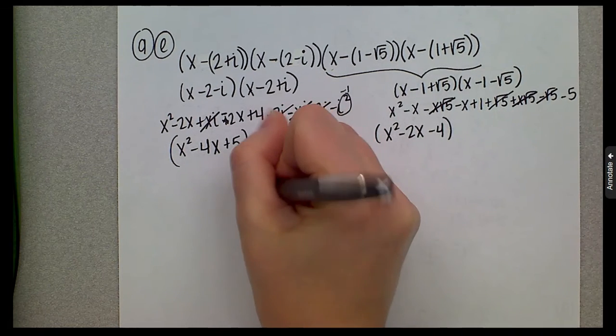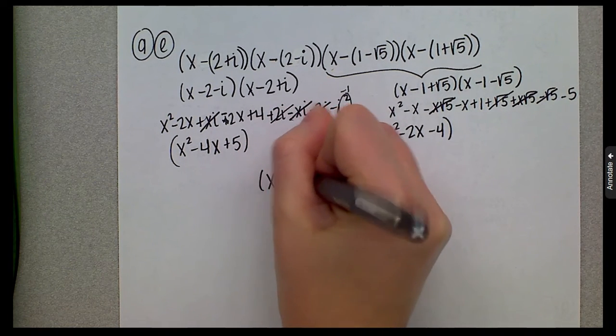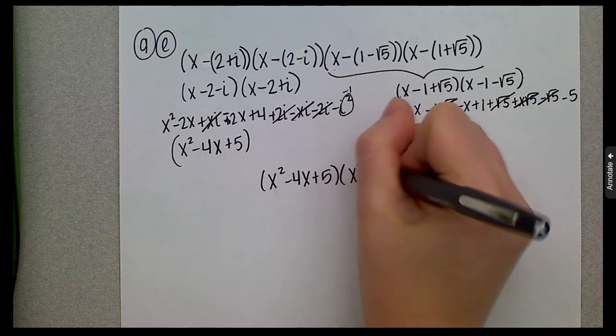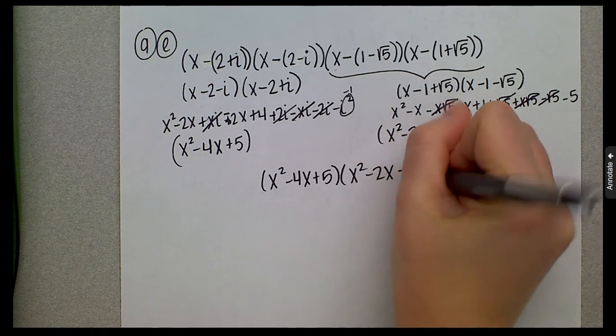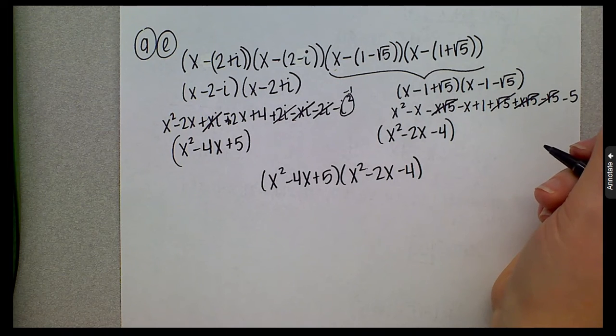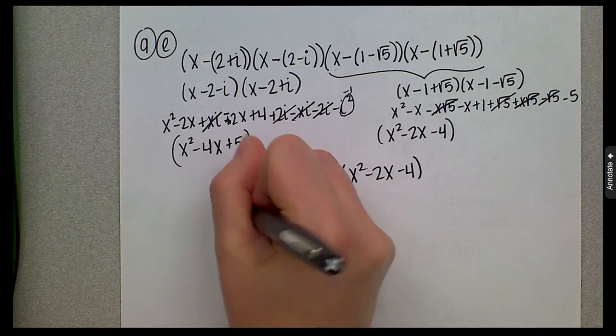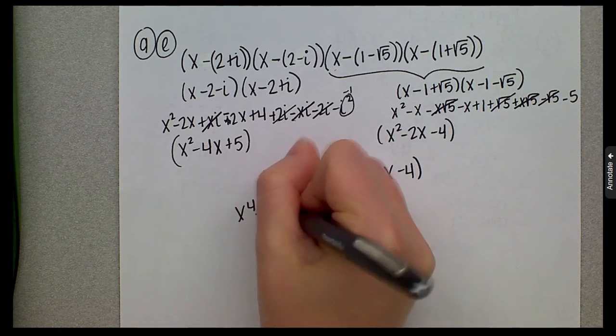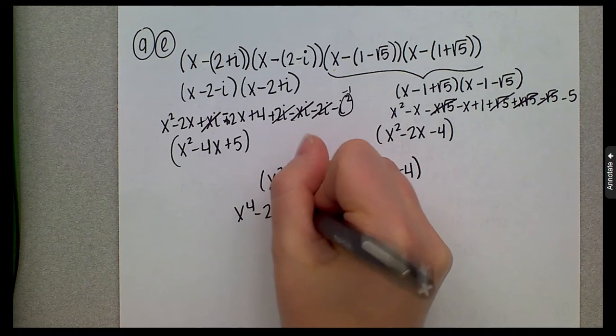Now let's take these two bad boys and distribute them, and then we will finally be done. What a problem this is. We get x to the fourth. I'm going to write everything out. Minus 2x cubed, minus 4x squared.